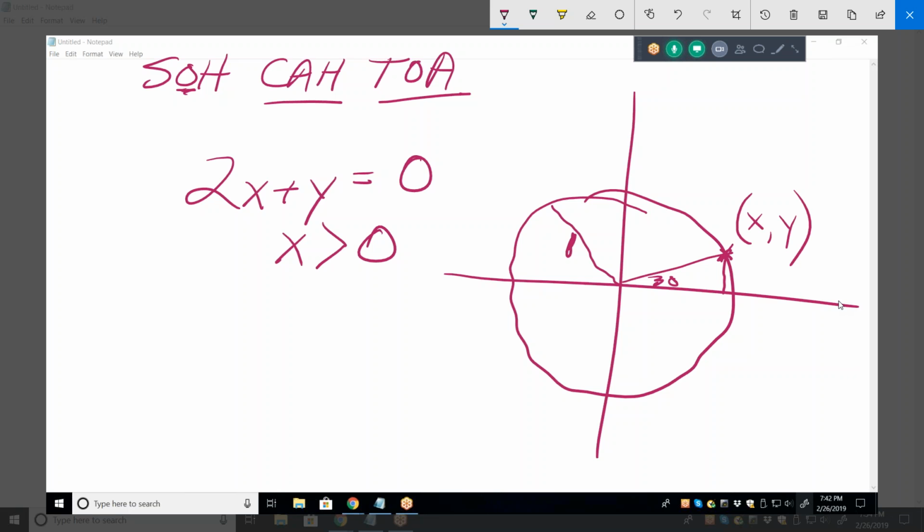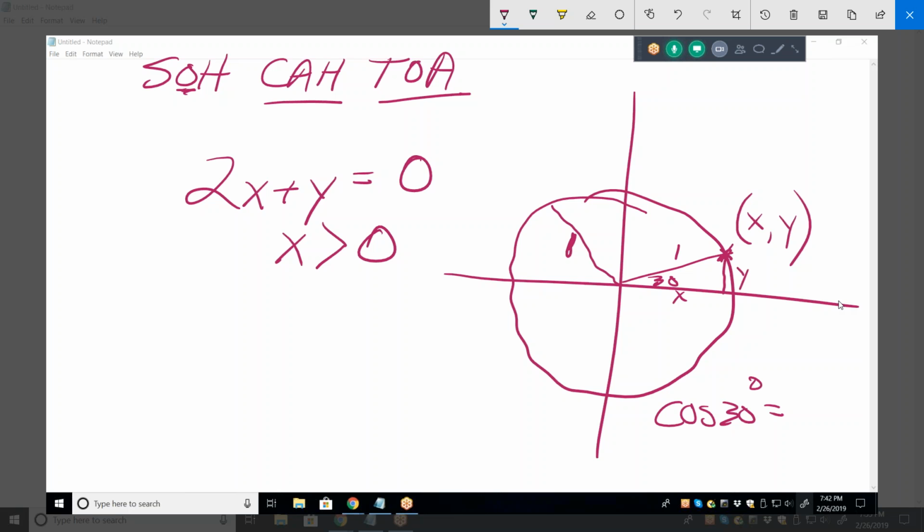Yep. Well, if I take, this is y, and this is x, if I say to you, what is the cosine of 30 degrees? What is it? This is 1. X over y.